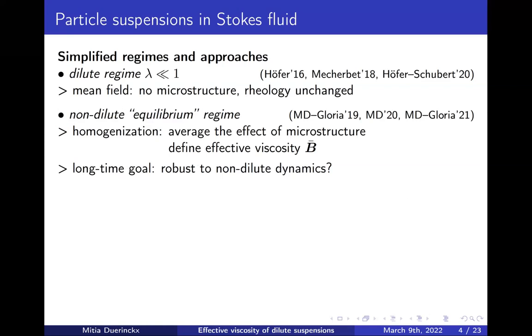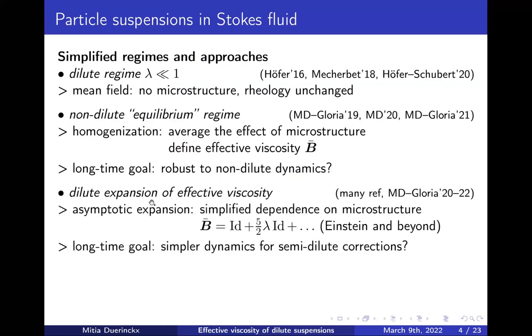And then, of course, it will be about coupling with the evolution of the microstructure in the second step. But this is quite complicated, and it's natural to go back to a dilute regime where you simplify the situation a little bit, and to look at this effective viscosity that we just defined, and try to make some asymptotic expansion in the small parameter lambda, the dilution parameter, the volume fraction.